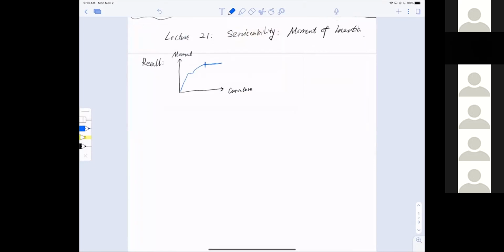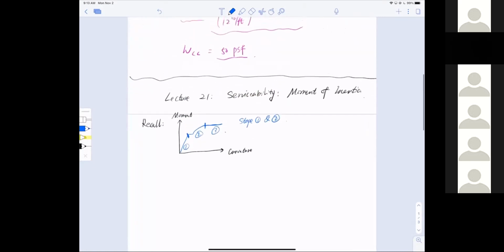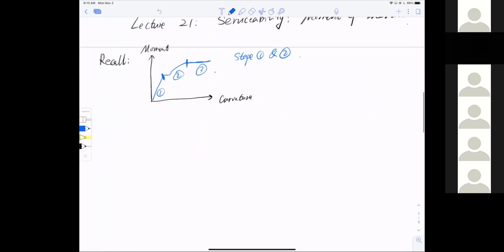Let's cut it into 1, 2, 3, and we only care about stages 1 and 2 for serviceability, because stage 3 is strength, the ultimate strength. We also give them names. Stage 1 is uncracked, and stage 2 is cracked elastic. Those are the two sections we talked about.